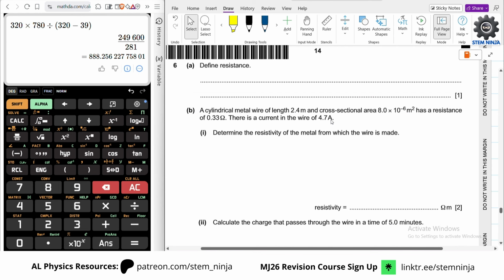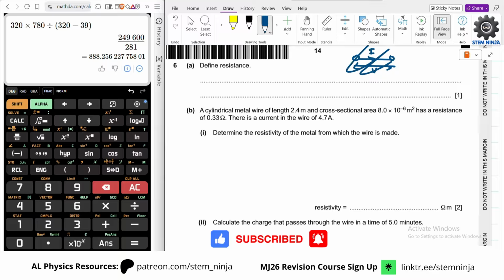Define resistance. So resistance between 2 points is basically the ratio of potential difference to the current flowing through them.